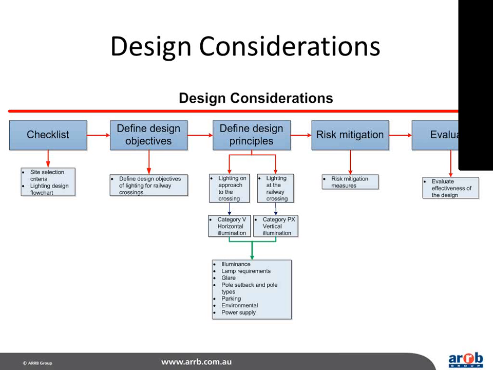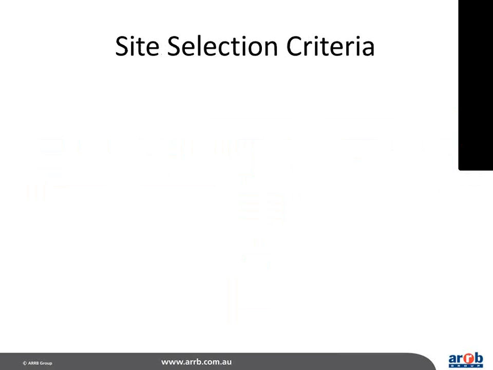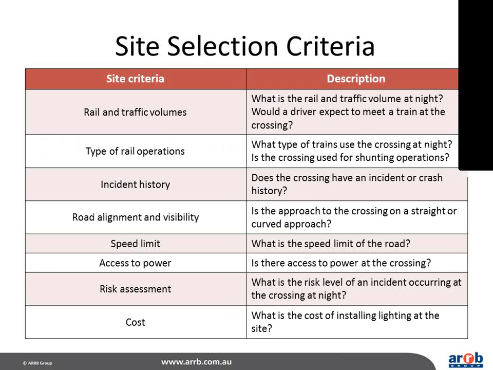You've got to look at the risk because now you're putting lighting columns in. What risks are they going to involve? You've got to look at those risks and then mitigate those measures. And then finally, once you've installed the lighting, you evaluate the effectiveness of the design and see how effective the lighting has been to reduce vehicle-train conflicts.